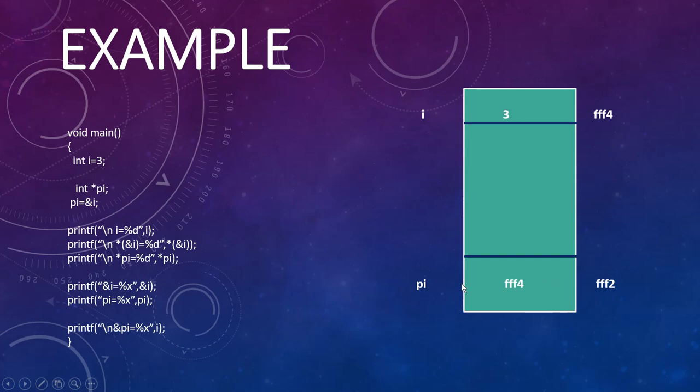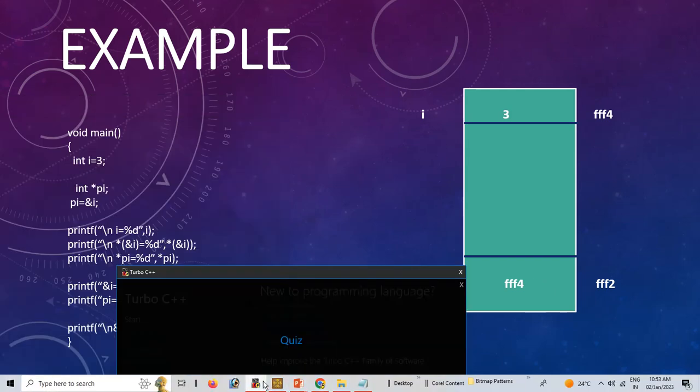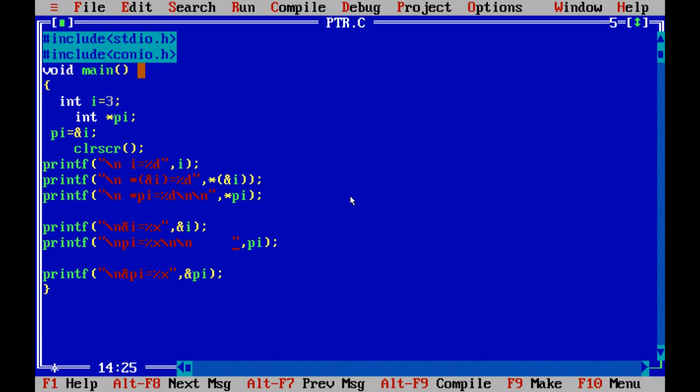Okay, now this first program is called PTR. Now see, this is i, which is 3, then the address of i, and its value, in short the value of i.